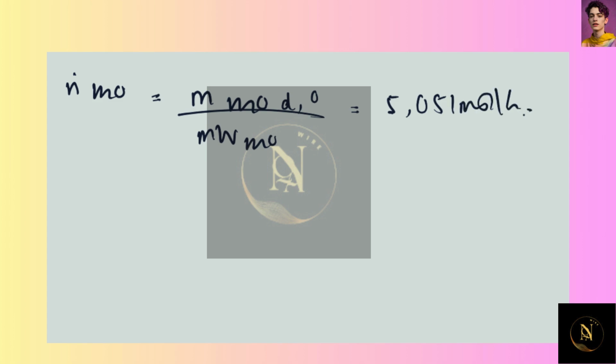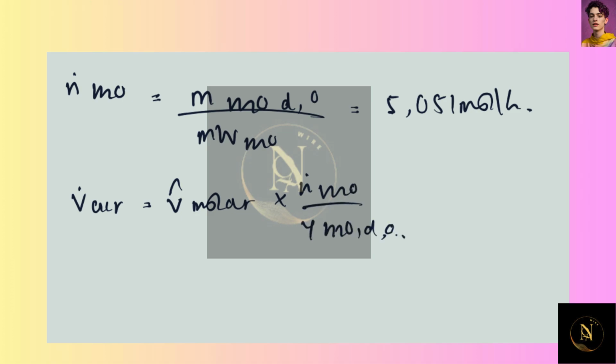So finally we can calculate the volumetric flow rate of air into the dryer. We have V dot air is equal to V molar multiplied by moles of H2O divided by gamma H2O, dryer out. So the volumetric flow rate of air fed into the dryer, 1.62 times 10 to the 6 litres per hour.